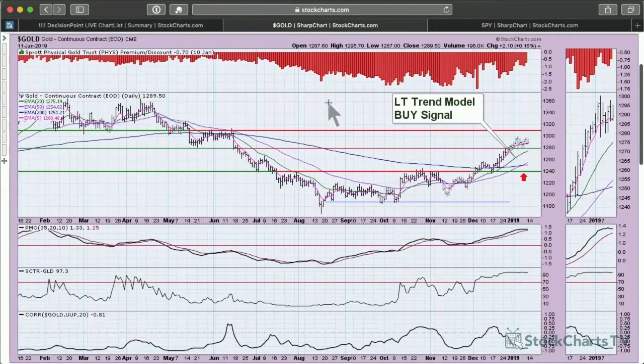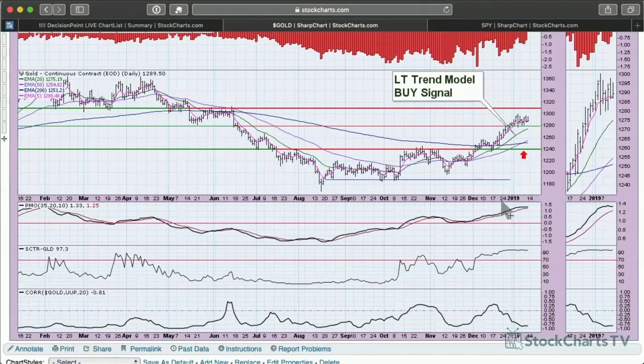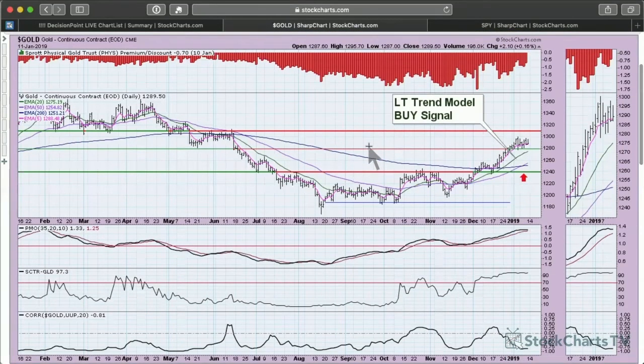All right, gold, we're a little bit on the overbought side here. But when we get overbought, we can relieve those conditions with consolidation. So I think worst case, we'll see some consolidation along 1280, to get that PMO out of overbought territory. But I would start looking for another leg upward, especially if the market starts to turn.